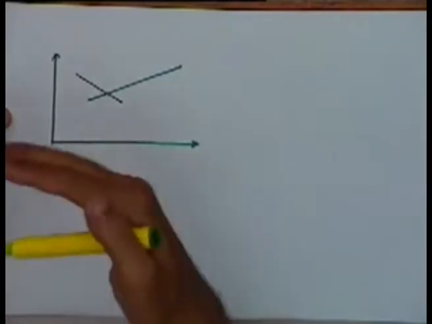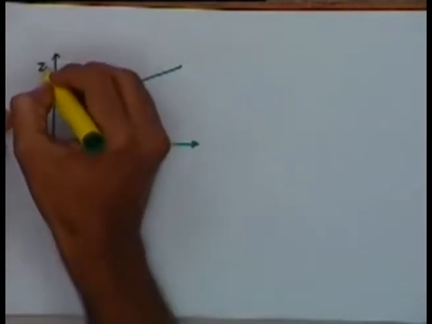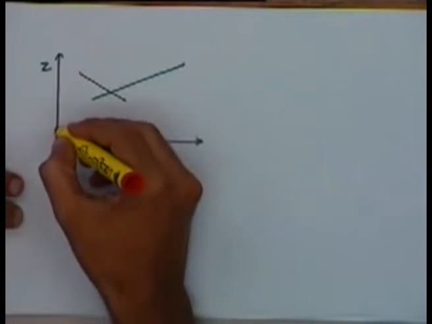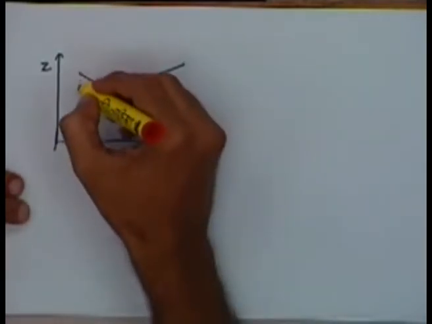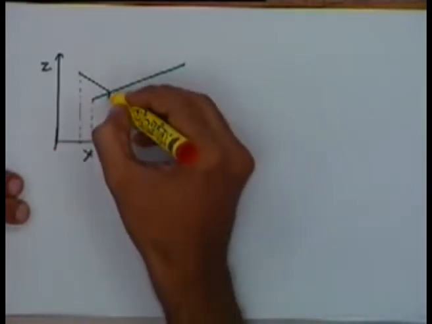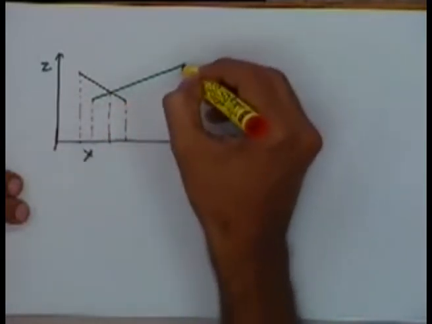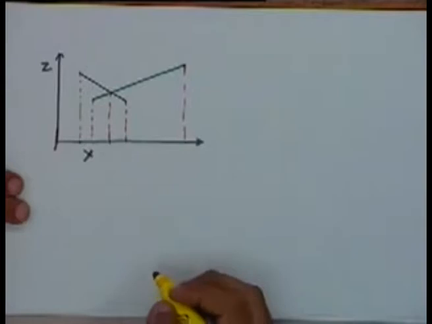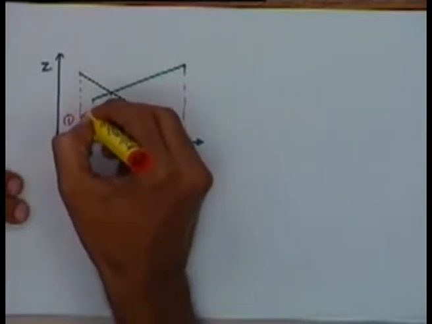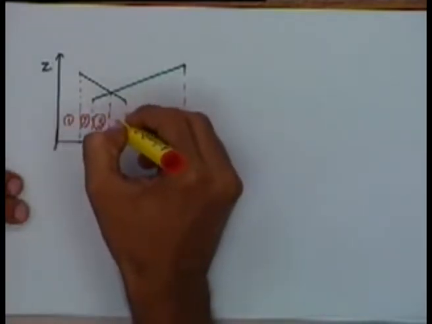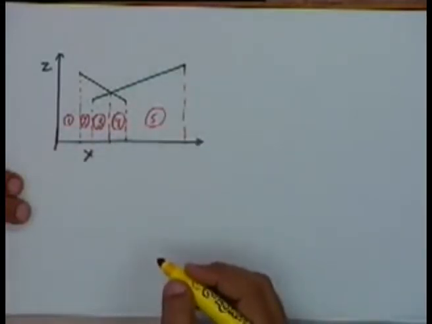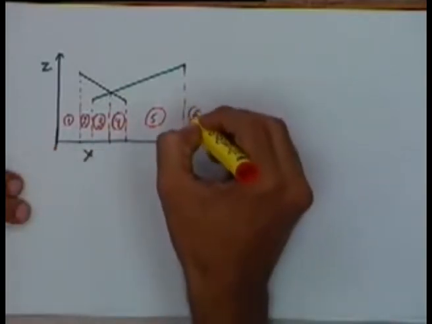If we have two polygons intersecting the xz plane, at these two lines, my spans would be defined as starting from x equal to 0, going up to this point, then from here going up to here, then here, here, and beyond that. So this is our span number 1, this will be span number 2, this will be span number 3, this would be span number 4, this would be span number 5, and this would be span number 6.